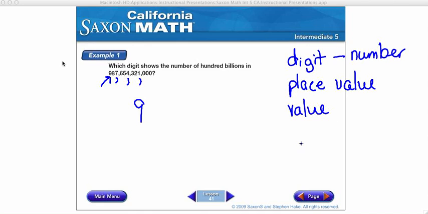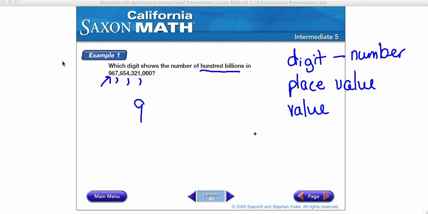Place value is ones, tens, hundreds, million, 10 million, 100 billion. That's the place that that number is in. The value then is what that number is worth. So this digit is a 9. It is in the hundred billions place.